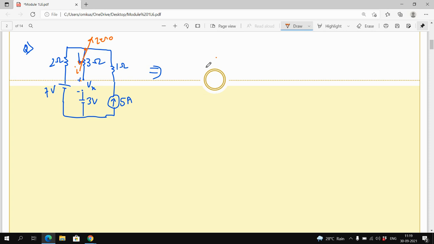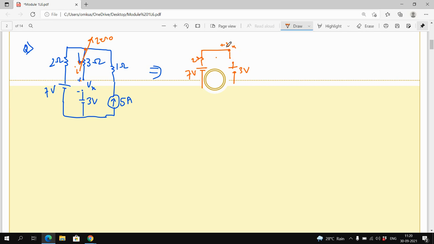So how does the circuit look? Just like that. This is a 7 volt, 2 ohm. This is the positive terminal of Vx, right? And this is a 3 volt source which is given in the question.